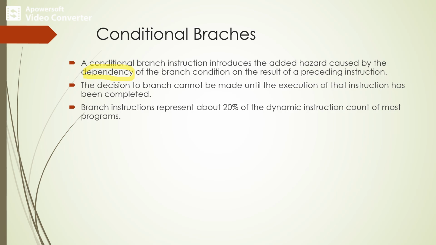Because of the branch penalty, this large percentage would reduce the gain in performance expected from pipelining. Branch instructions can be handled in several ways to reduce their negative impact on the rate of execution of instructions. The decision to branch cannot be made until the execution of that instruction has been completed.